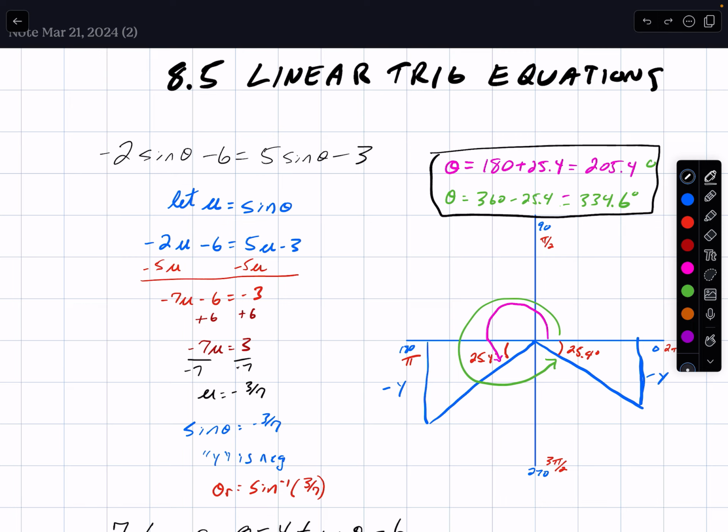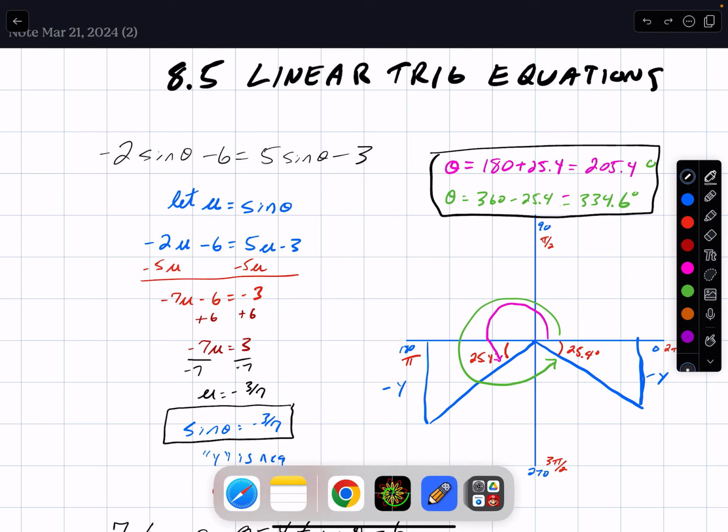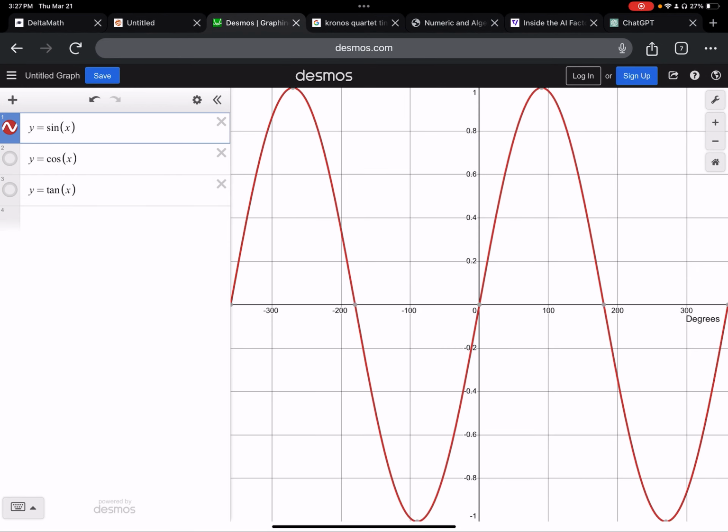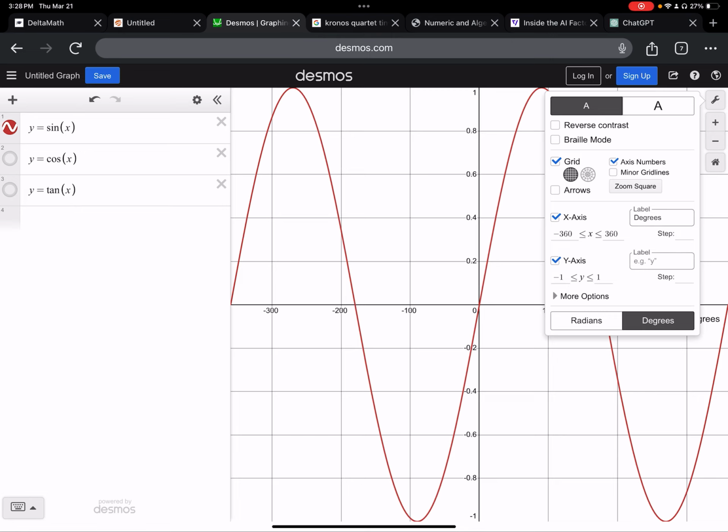Another way to look at it is, I know that y, or sine theta, equals negative 3/7. If you really like graphing, I can turn on my sine function. I want to make sure I'm in degrees, so if I hit this little button up here, degrees are highlighted.